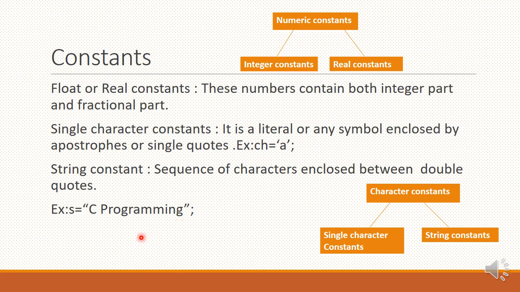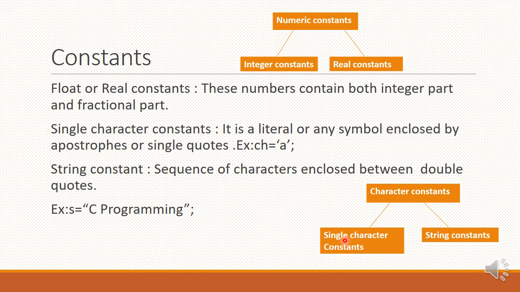Whatever you want, you can write in the double quote, and that is the string constant. If you write your name, that is also called a string constant. In the double quote you take the string constant, whereas in the single quote you take the single character constants.